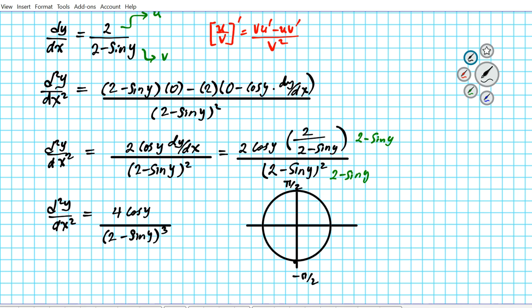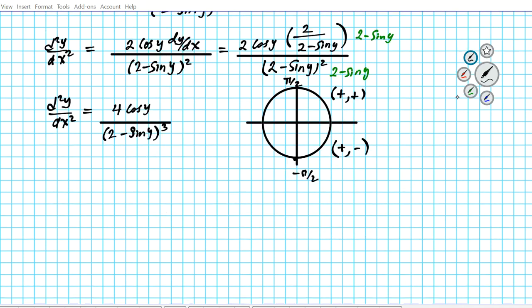So in this quadrant right here, the x is positive and the y is negative, and in quadrant 1, they're both positive. Okay, so what does that tell us? Let's write it down so we know exactly what's going on here. All right, so remember that x is cosine and y is sine.